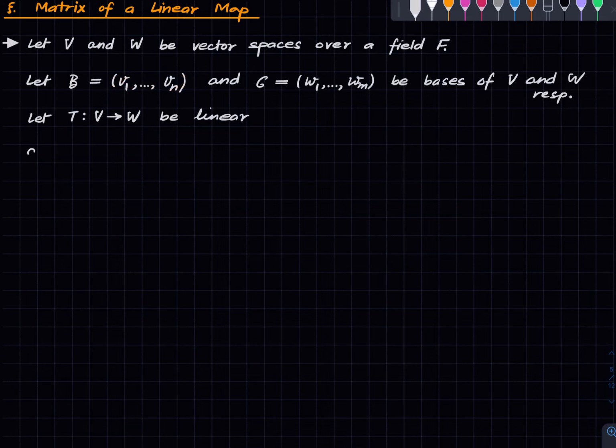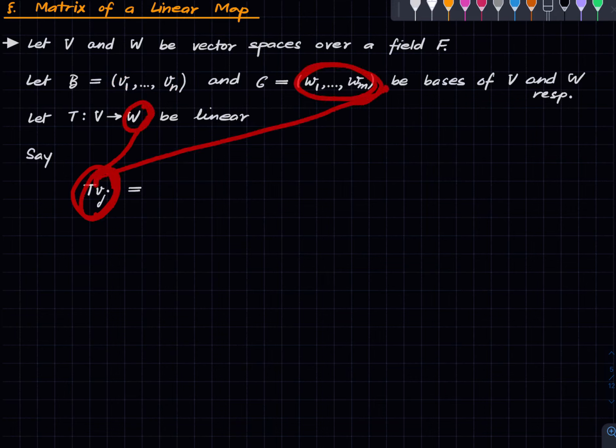So say T of Vj, so this is the jth vector in this basis, and this lies in the vector space W, and therefore we can express this uniquely as a linear combination of those people.